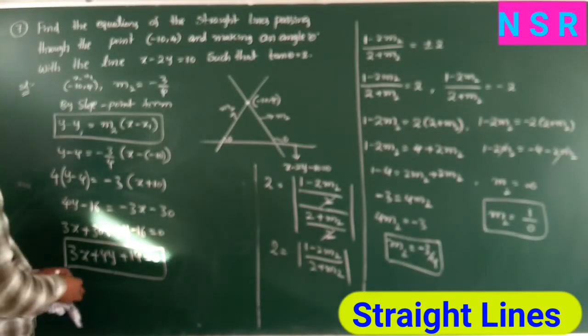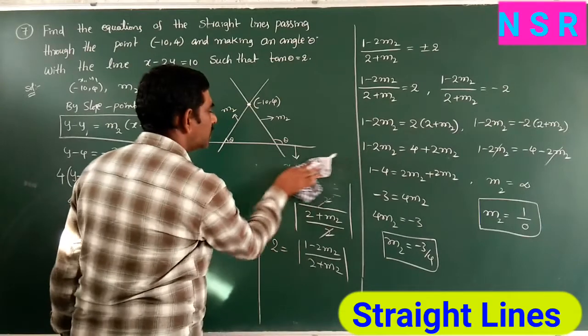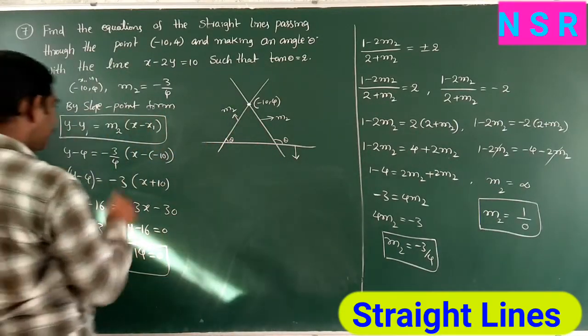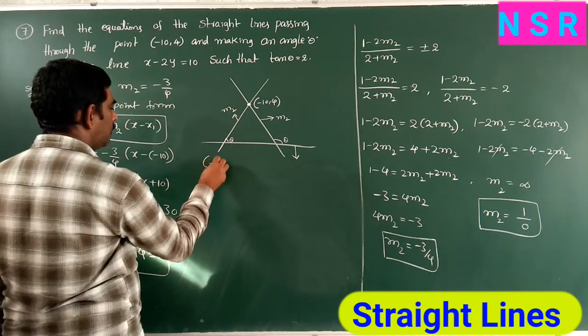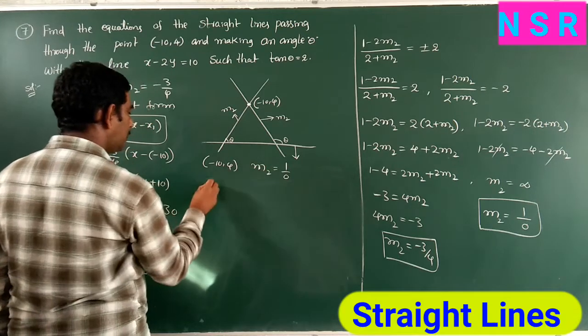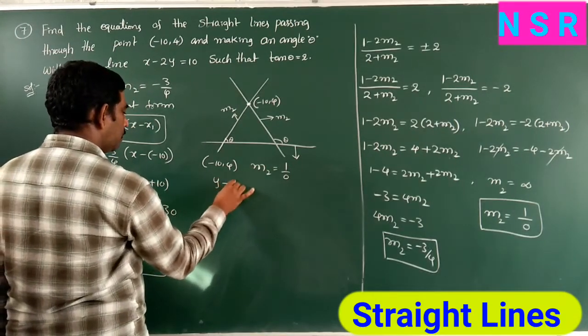Again take the point and the second slope, which is 1/0. Now the point (−10, 4) and m2 = 1/0. So here also use the slope point form.